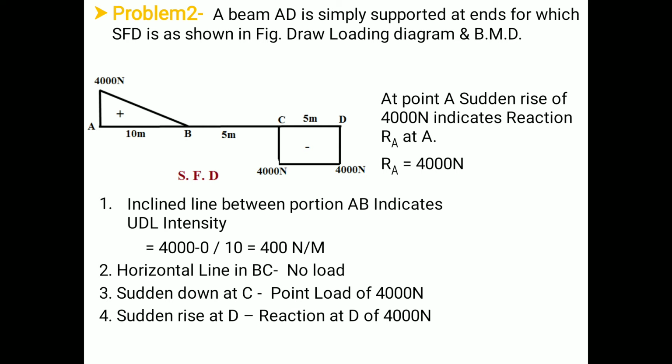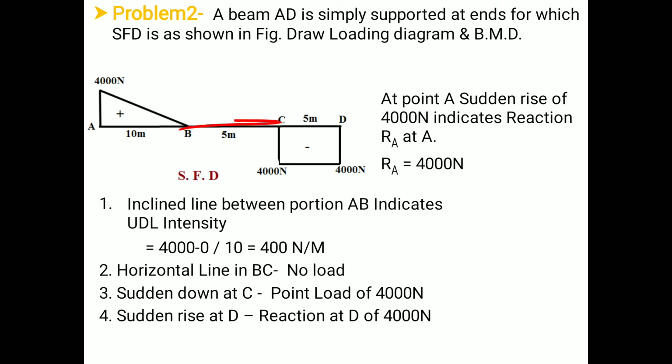Therefore we have 4000 Newton shear force at point A minus 0, that is at point B we have 0 value. So 4000 minus 0 divided by its length, which is 10. So we have UDL intensity 400 Newton per meter.